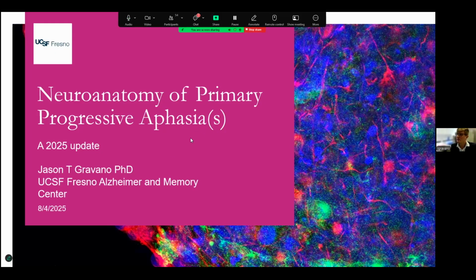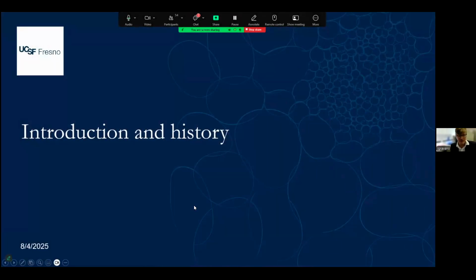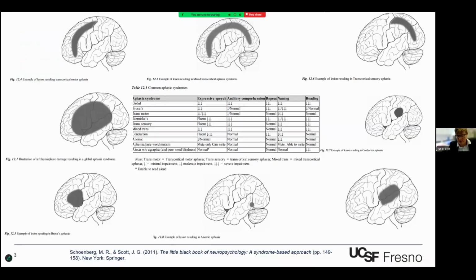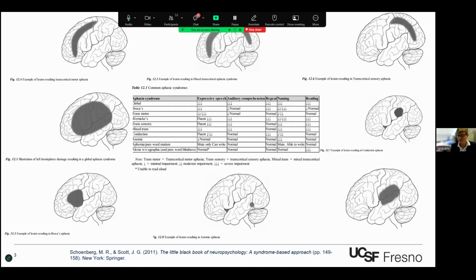All right. Okay, so no talk would be complete without a brief history. Aphasia syndromes, classically defined in the stroke literature, have nomenclature that is helpful and sometimes a little confusing for learners. I listed this graphic from the Little Black Book of Neuropsychology. There's many like it.